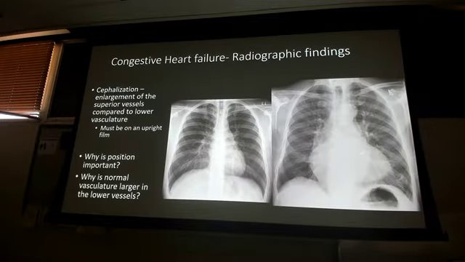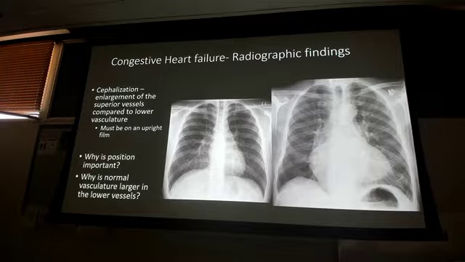Now let's talk cephalization. Okay, so it's got to be on an upright film. That's step one, right? You cannot diagnose cephalization if this is a supine AP chest X-ray because the patient is bedridden, right? Why? Because the whole point of that is the backup of the fluid into the upper part of their lungs where those vessels aren't normally prominent.